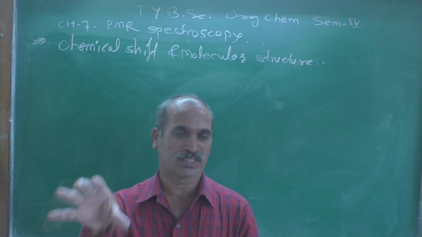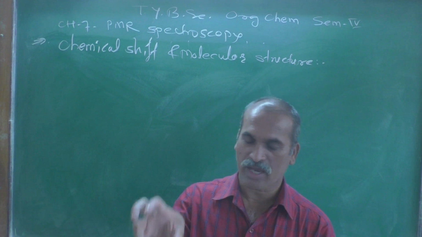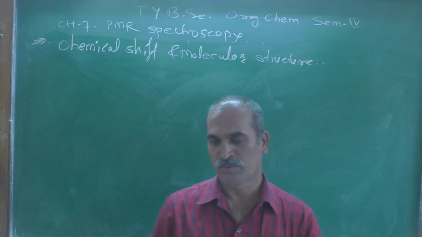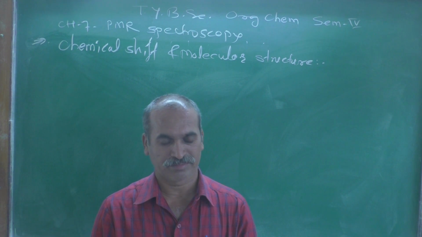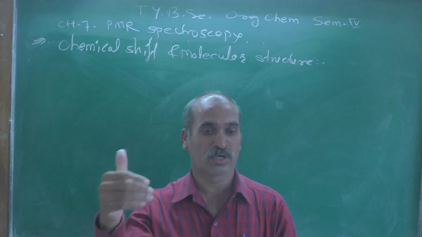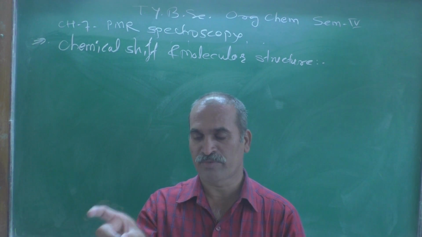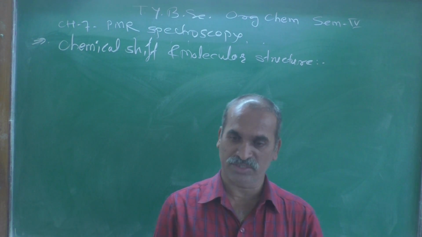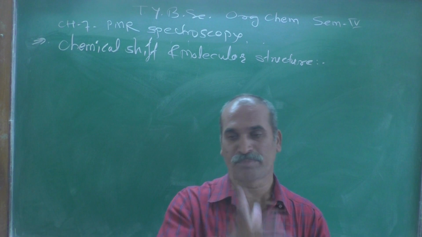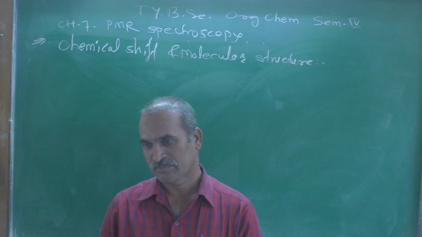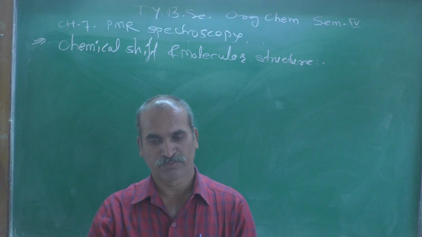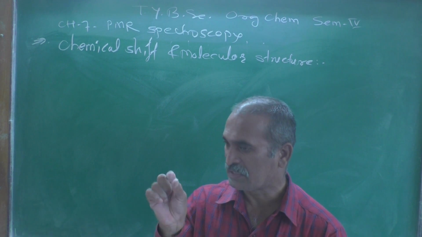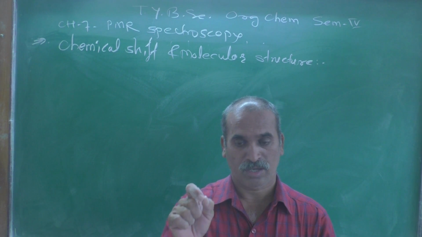By knowing the group frequency or the stretching frequency, the organic chemist easily predicts what kind of functional groups are present in the unknown compound. Suppose the group frequency or stretching frequency appears around 1720 per centimeter or 1715 per centimeter; this value indicates that the unknown compound consists of a carbonyl group.